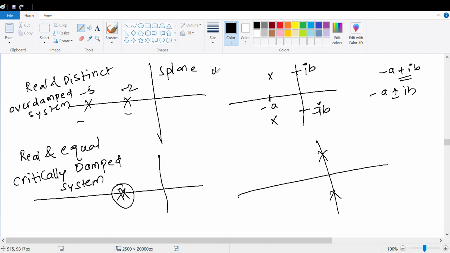These are called under damped systems. And if there is no real part, only an imaginary part, the poles are plus or minus ib, and we call this an undamped system, there is no damping.